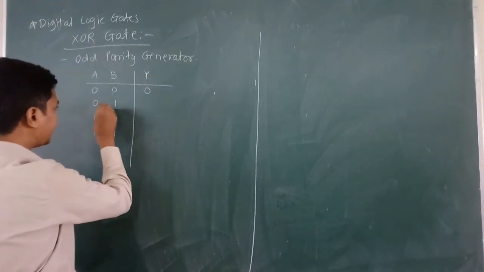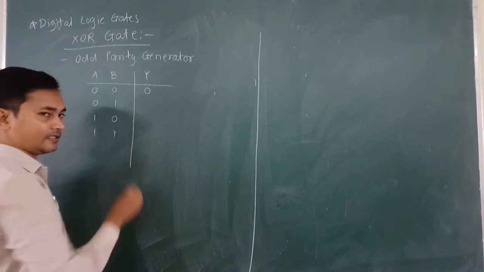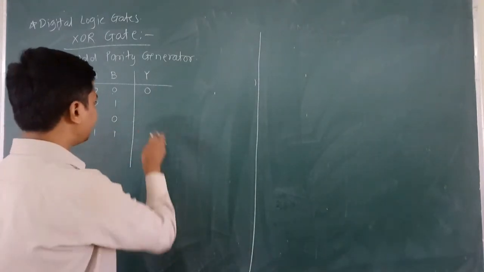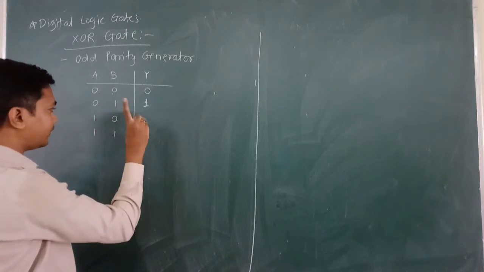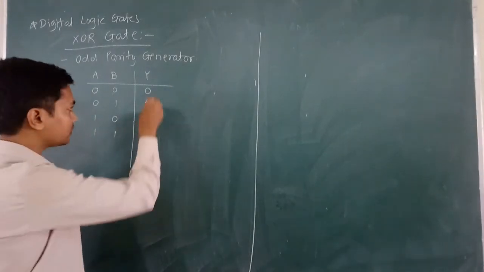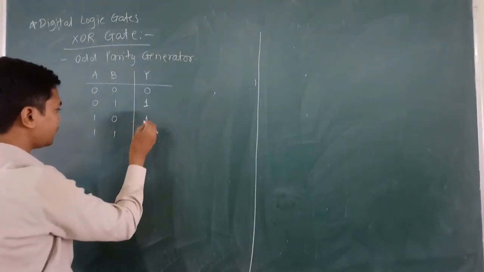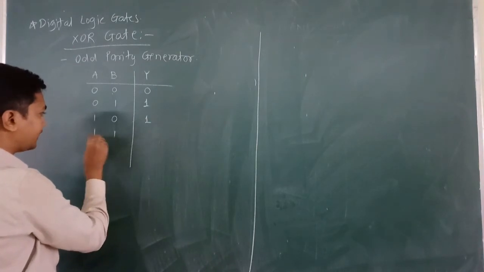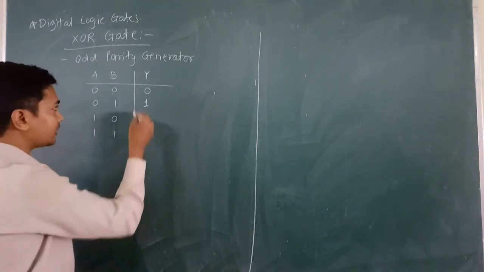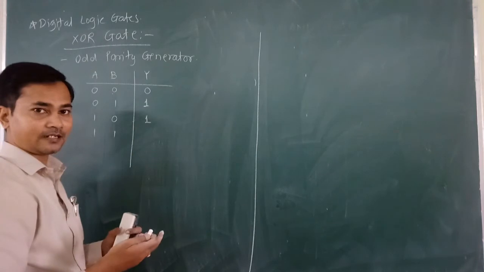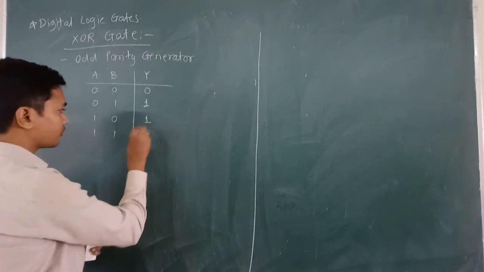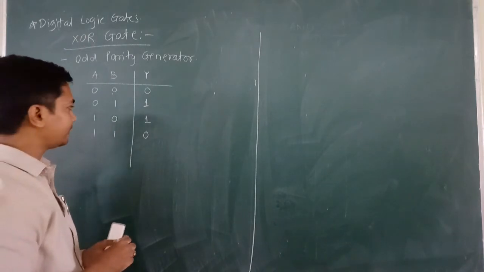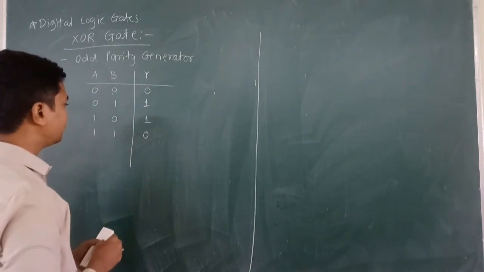If the addition of all the inputs is odd, then the output will become 1. Similarly, 1 plus 0, that means the addition is odd, so the output will become 1. Next one is 1 1, the addition is 2, which is even, so the output will become 0.